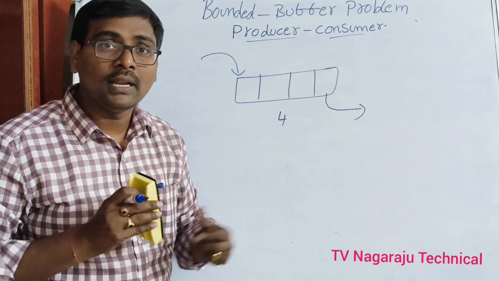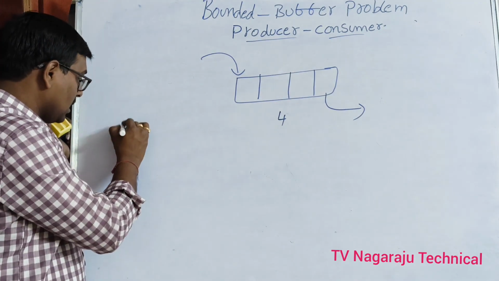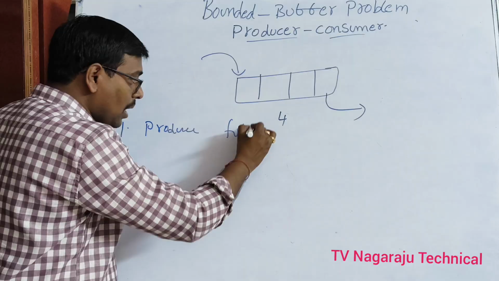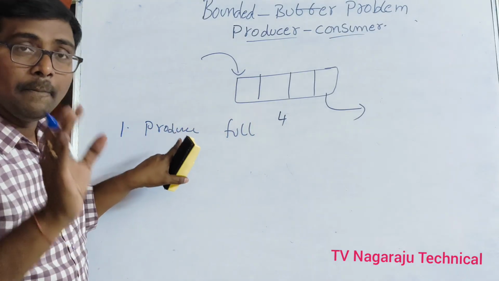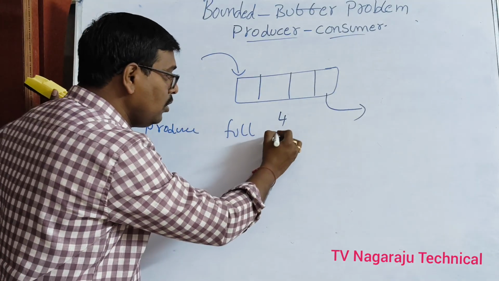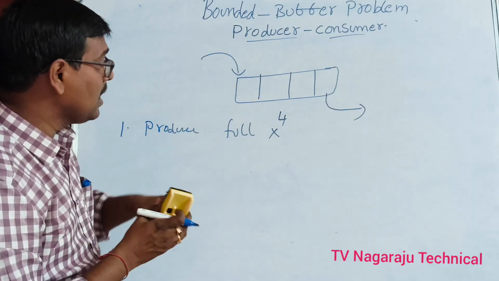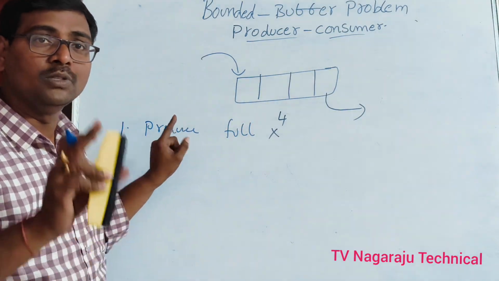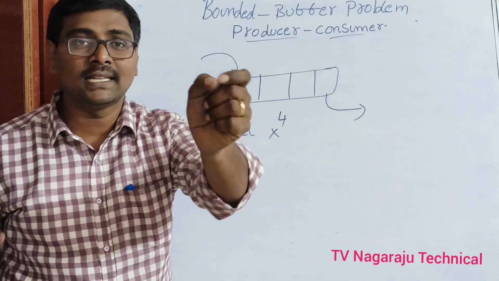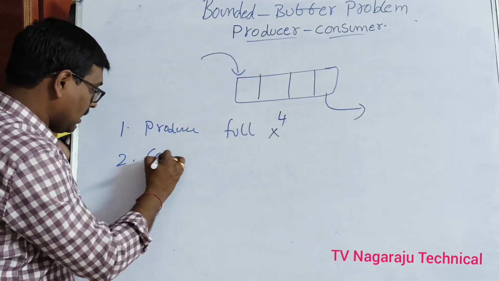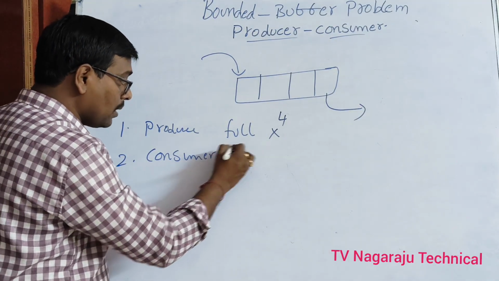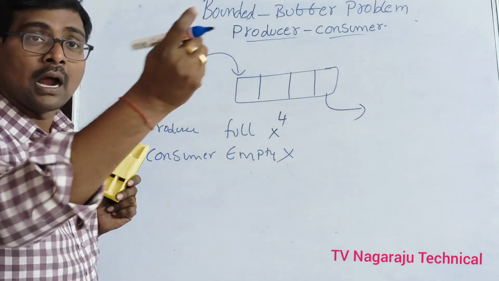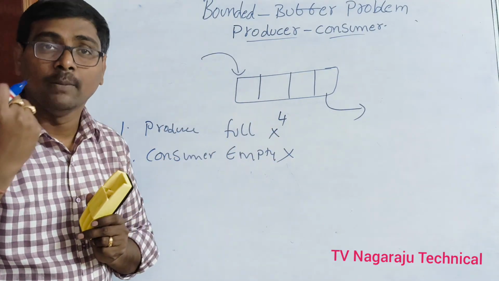Now, what are the problems we are facing? Coming to the producer, if the buffer is full, the producer is unable to insert the data. Yes or no? If the buffer is full, the producer is not allowed to insert the data. Similarly, coming to the consumer, if the buffer is empty, the consumer is not allowed to retrieve or remove the data.